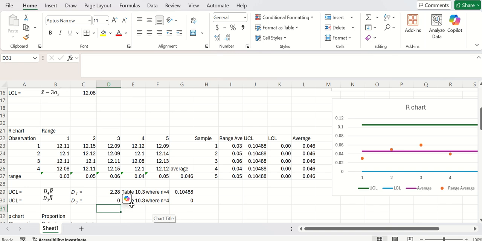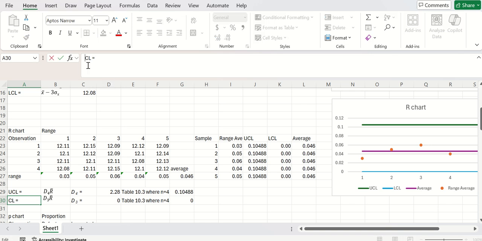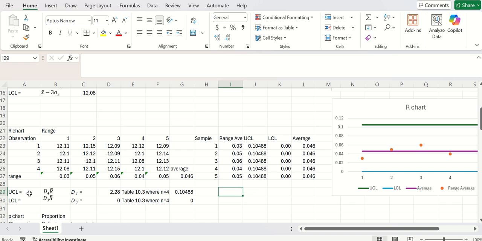And whenever I look up D3 in the same table, it says that that value is going to be 0. So to calculate the upper control limit and, again, lower control limit, for my R chart or my range chart, I take the value that comes from table 10.3, 2.28, and I multiply it times the range.